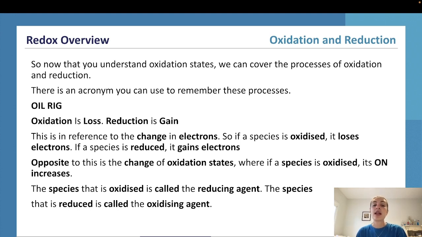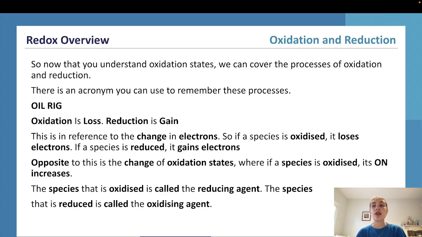And so the species that is then reduced, so the one gaining electrons, is essentially taking electrons from the one which is being oxidized, hence causing the one which is being oxidized to then be oxidized.